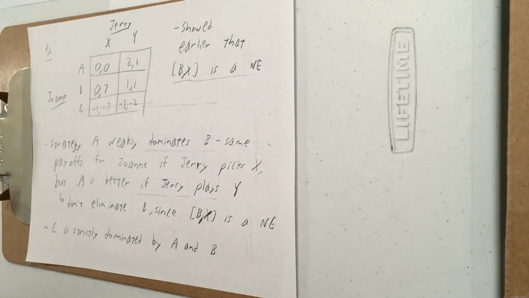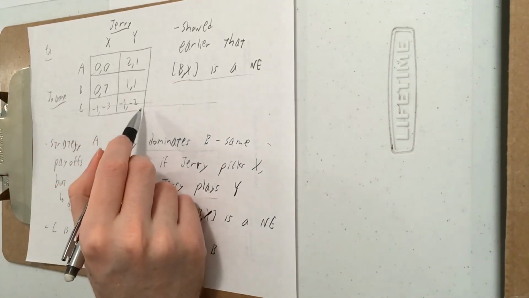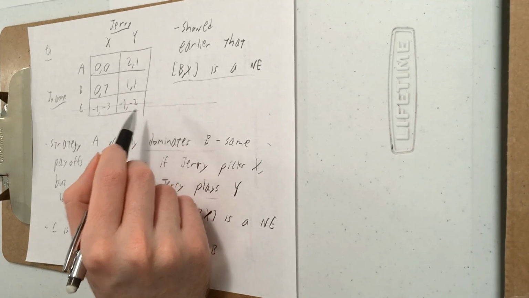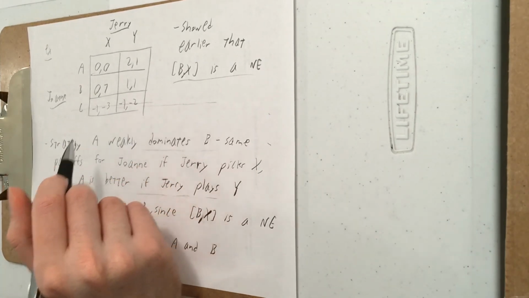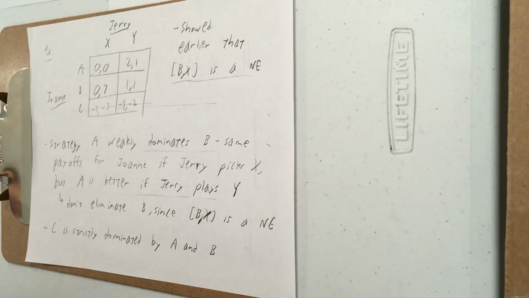Now, as you can see here, it also illustrates a point I made earlier. Once you eliminate a strictly dominated strategy, that can help you narrow down your search for Nash equilibria, but it might not on its own give you all the Nash equilibria. There's still some more work to do to find the Nash equilibrium.